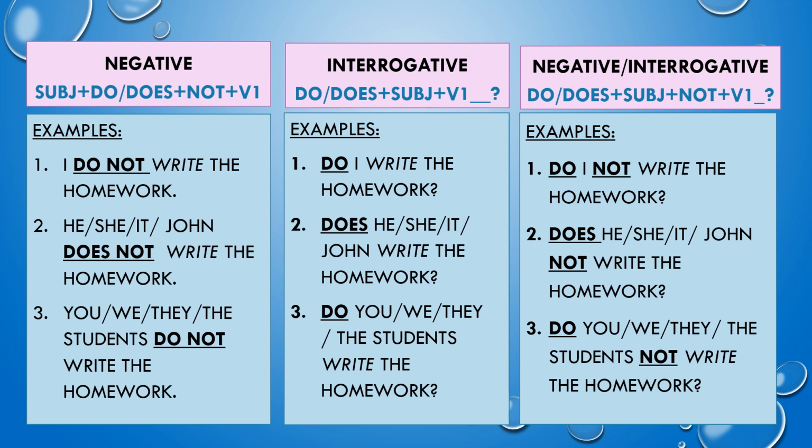Do not use does. Does is only used with he, she, it, or singular noun. Do not forget that. If we use the word do with he, she, it, or singular noun, then our sentence is wrong. So, look at the examples very carefully.